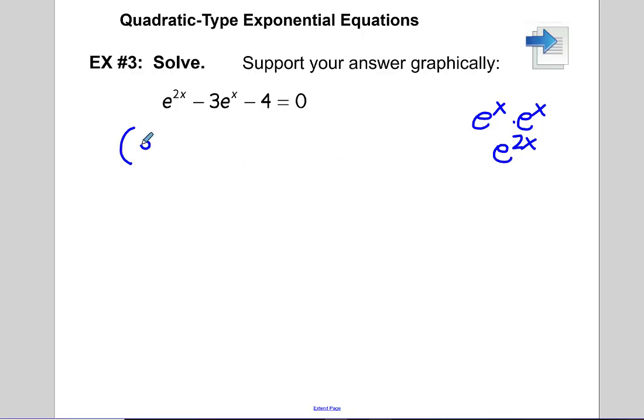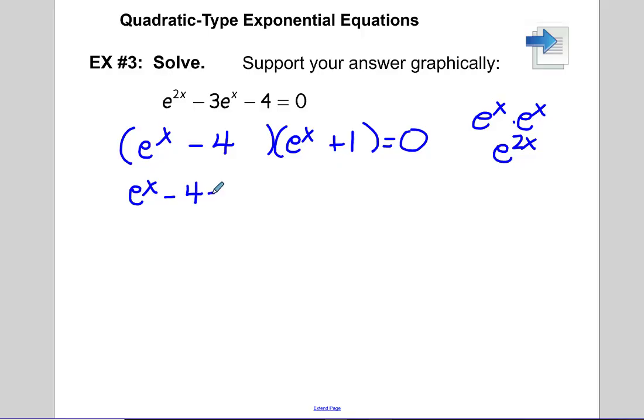So using that thought process, we want factors of 4 that add up to negative 3. So that would be negative 4 and positive 1. So this way, if you distribute all of this, we'll end up with that quadratic type exponential equation. So e to the x can be 4.